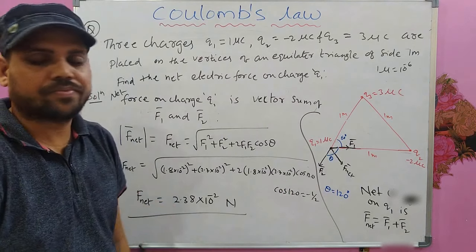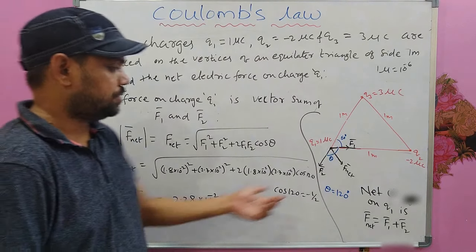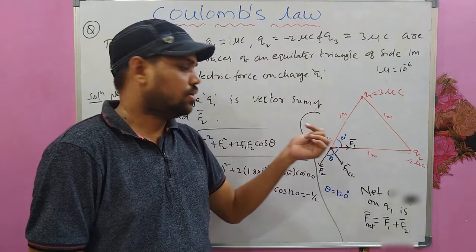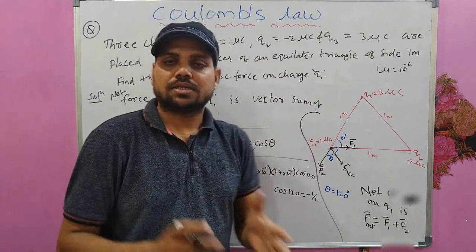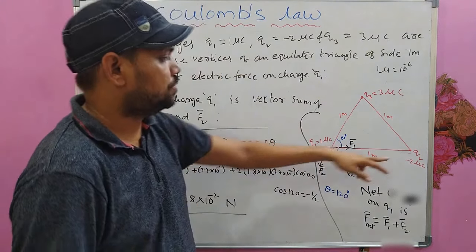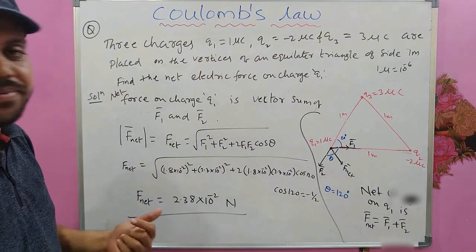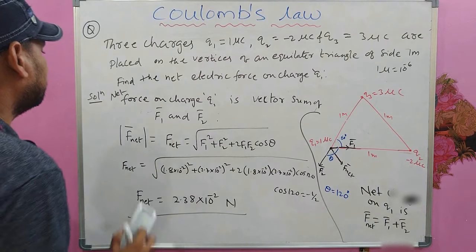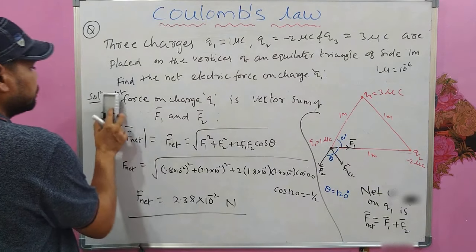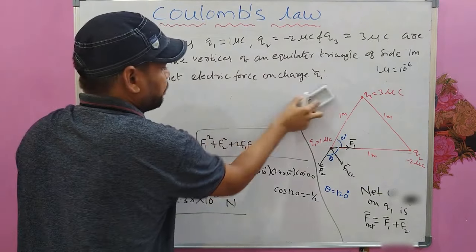The net force is the magnitude of the force acting on charge Q1 due to Q2 and Q3. Then what is its direction? For predicting the direction of this force, there is a formula.